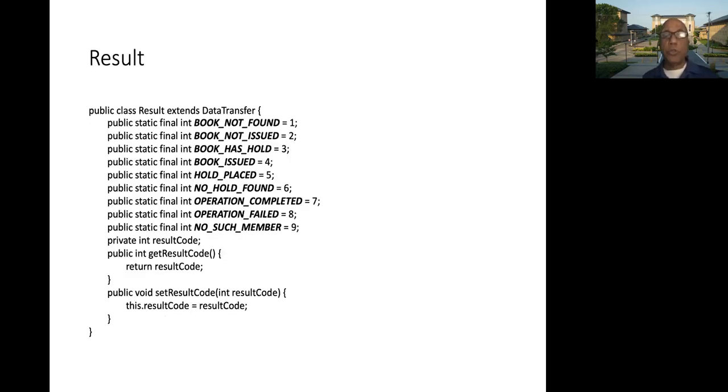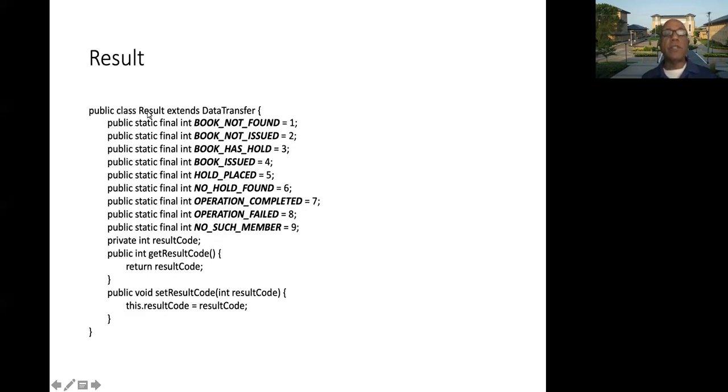And we will subclass this into two. One is result, which is, as the name indicates, the result of invoking an operation. So for example, it has error codes or maybe even an OK code. Then it has getters and setters for all the fields that you have. For example, there is a result code, which could be any one of these, and there is a getter and setter for this.